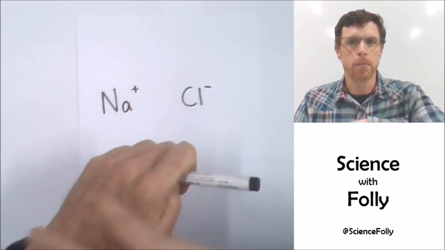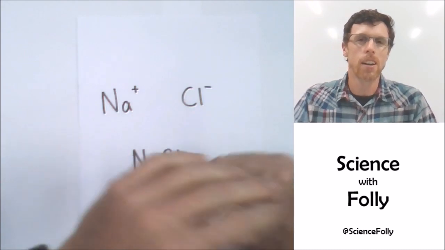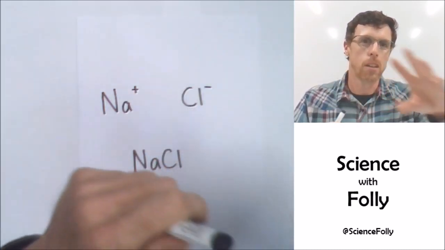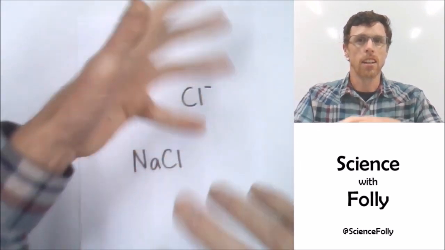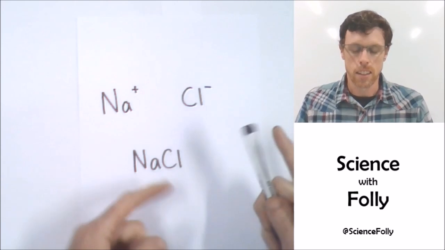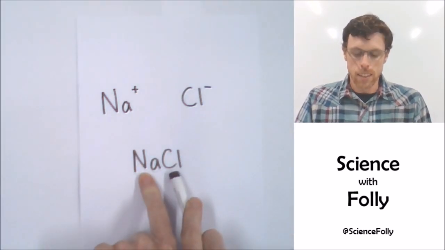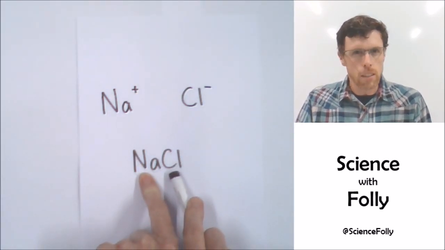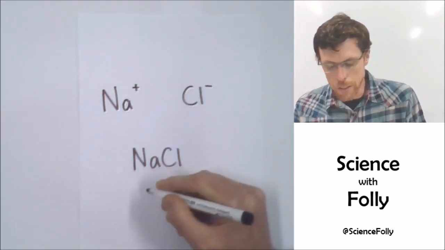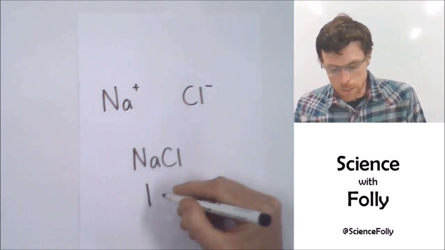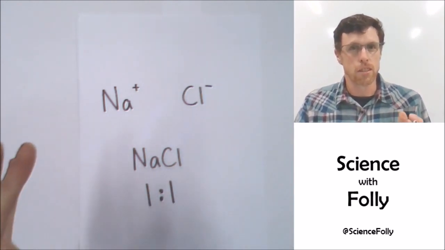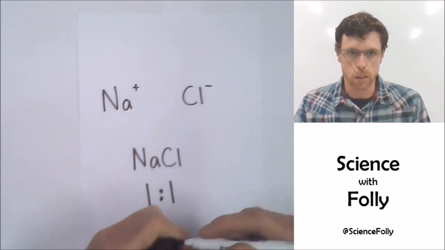Every sodium ion is surrounded by a whole lot of chloride ions, and every chloride ion is surrounded by a whole lot of sodium ions, and they form this big 3-dimensional lattice, and that's what holds it together. So when we see this formula here, what it's actually telling us is that in my little lump of salt, for every 1 sodium ion, there's 1 chloride ion, and so it's showing us a ratio of sodiums to chlorides.